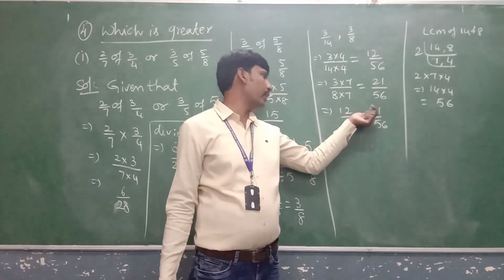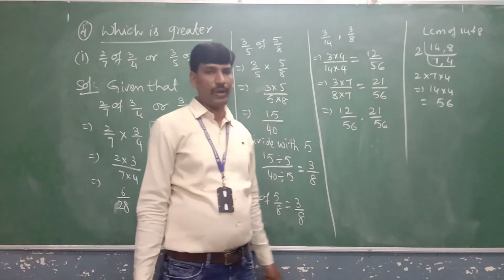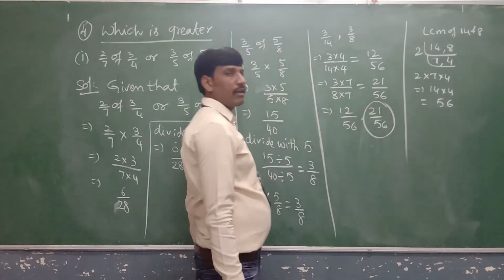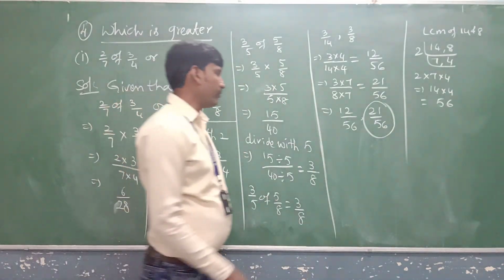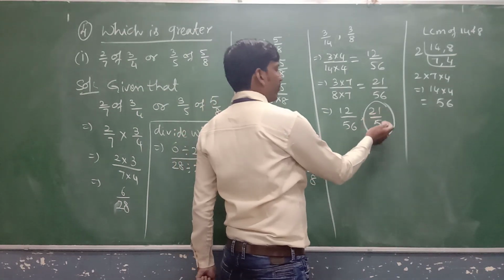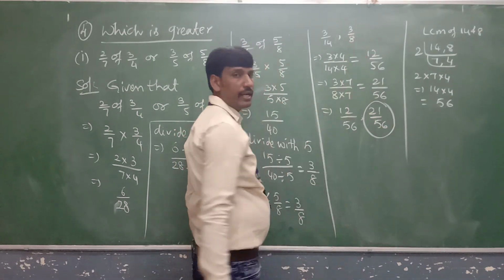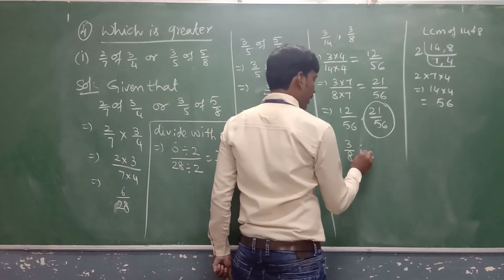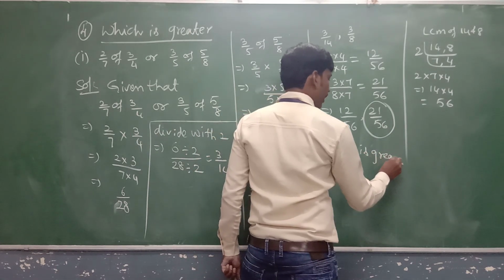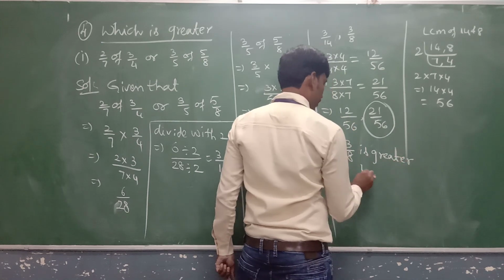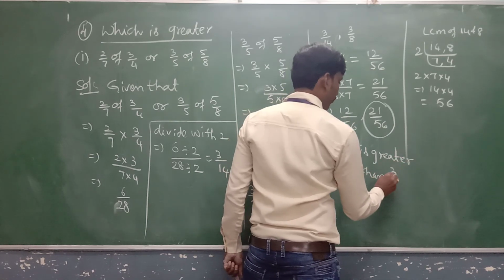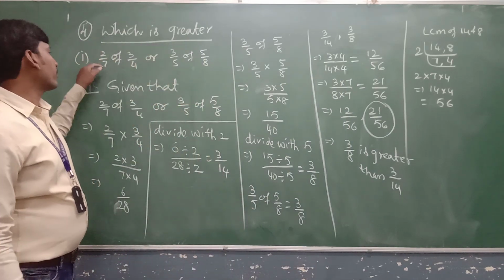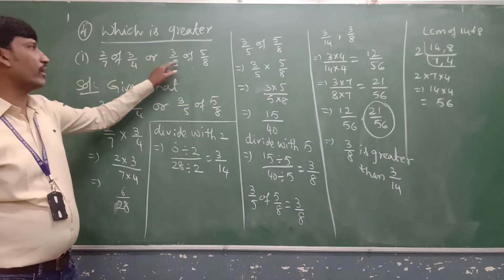So out of 12 and 21, 21 is the greater value. So therefore 21/56 is the greater value. Okay. So therefore, but actually 21/56 is nothing but 3/8. So which implies 3/8 is greater than what is the fraction? 3/14. But actually the question is given 2/7 of 3/4 or 3/5 of 5/8.